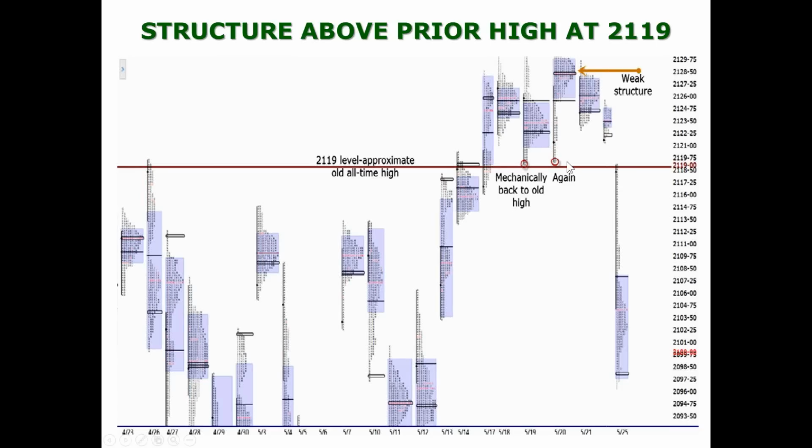But this is mechanically what the market is doing. They're buying when there's nothing else going on. The traders are buying exactly at the previous high at a very mechanical level. And when we buy at those mechanical levels, that is a sign of weakness. It doesn't mean it's not going higher, but when they buy mechanical levels, it tells you it's the weakest.